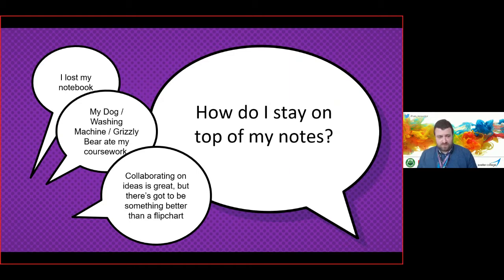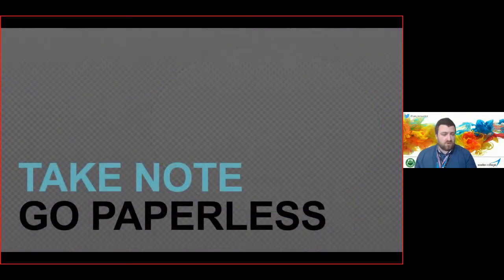We don't need to do that anymore because we can go paperless with Office 365 and OneNote. And of course, we've got that extra benefit of being able to share our notes out, being able to use things like pen and ink on screen. So we can really make our notes stand out and become much more useful than perhaps they have been before. So it's this idea, whether you believe it or not, of going paperless. That's been something we've been promised for a very long time, and I think it's a good step in the right direction.